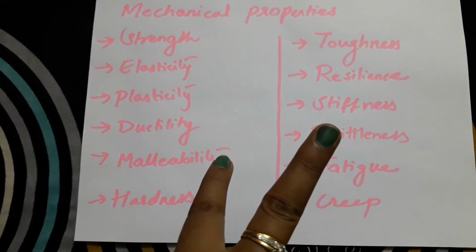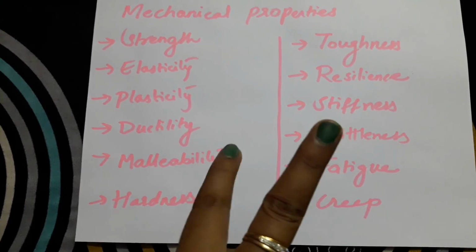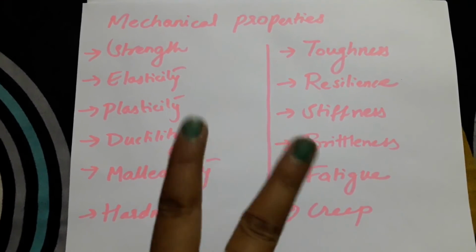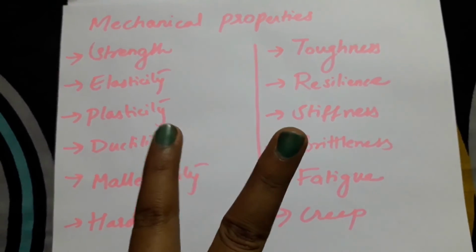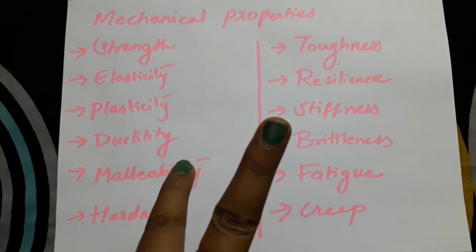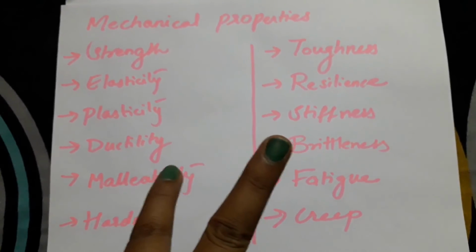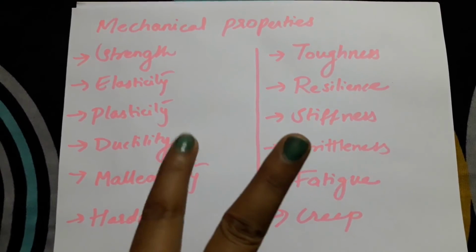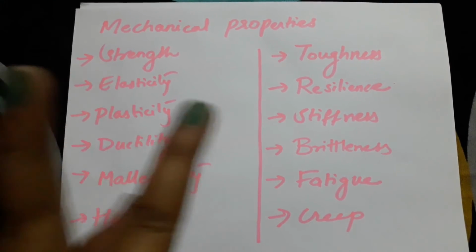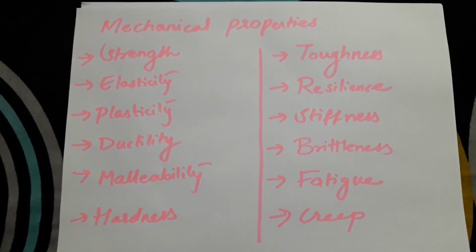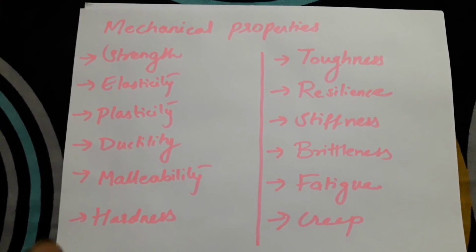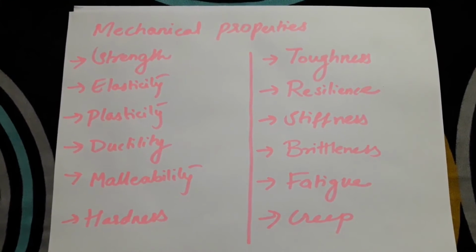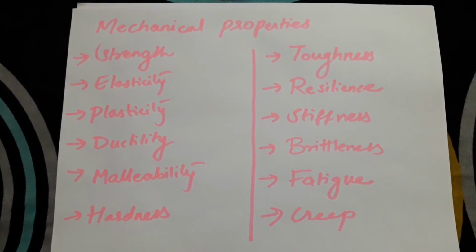Material A is deforming while taking the load and material B is not deforming while carrying the load. So, we say that material B is having high stiffness value when compared to A, that is stiffness. So, stiffness is one of the important parameters the designers consider while selecting for a particular application.